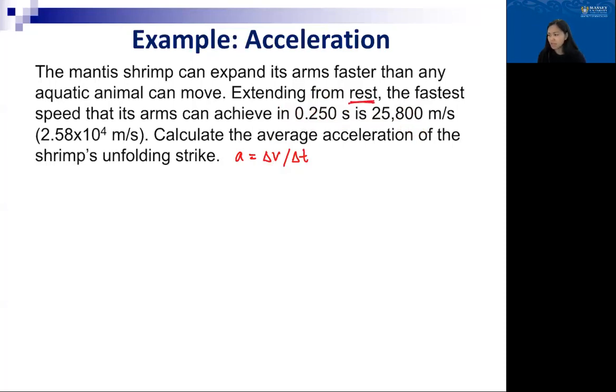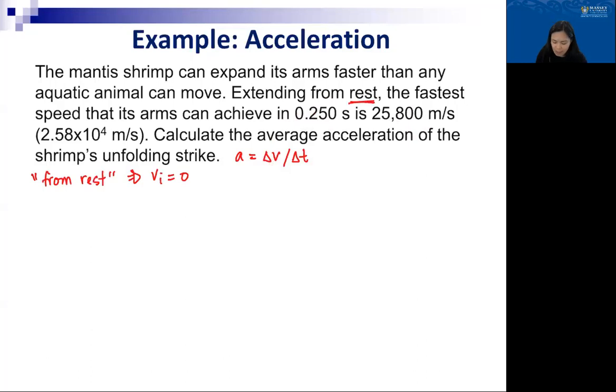So rest, okay, whenever you read this phrase "from rest" in a physics problem, that means the initial velocity or initial speed, depending on what you're looking at, is 0.